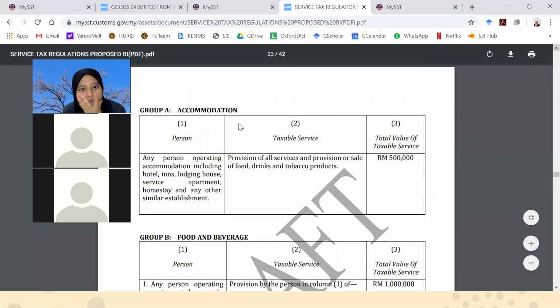This is Group A. For accommodation, any person operating hotel, inns, lodging house, including homestay.